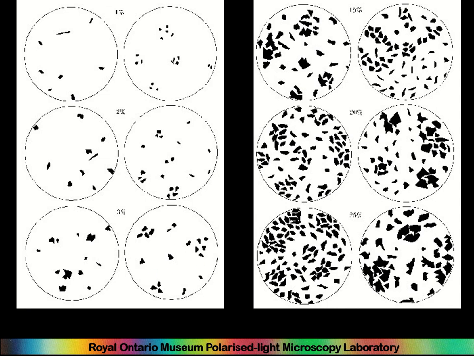Now, I'll go into greater length on this when we talk about it in the lecture, but there are more precise ways of finding out the abundance, though not necessarily more accurate ways.